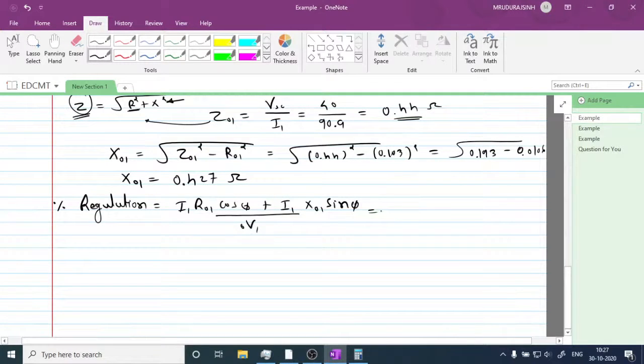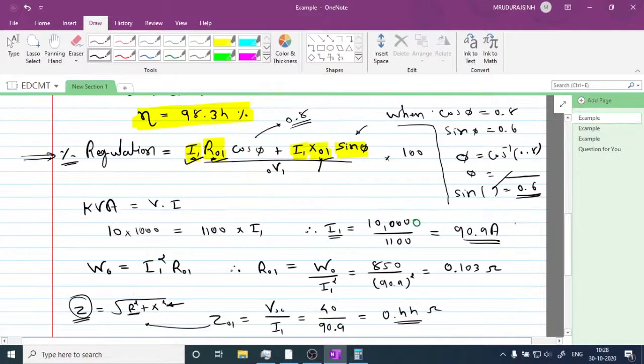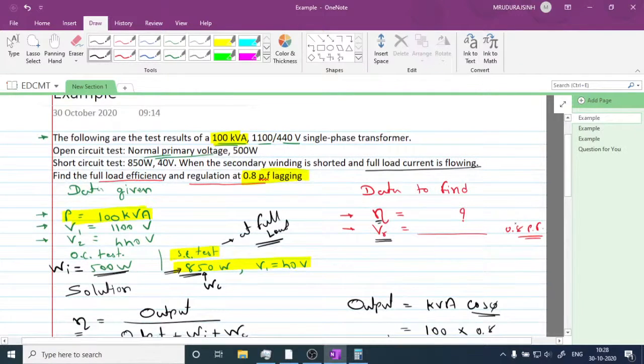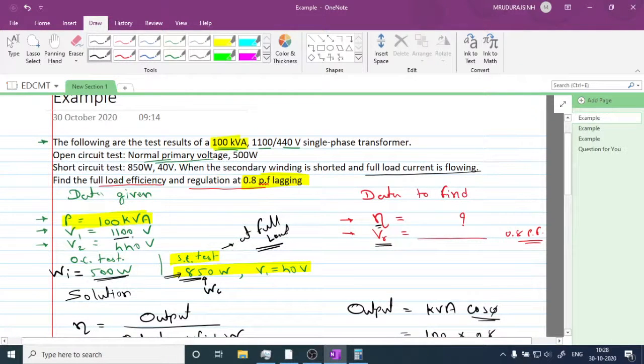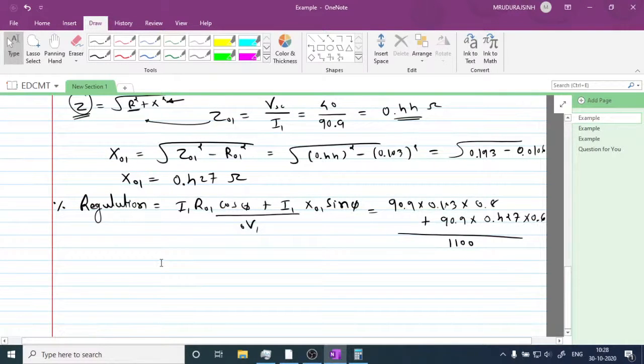I1 is 90.9 multiplied by R01 is 0.103 multiplied by cos phi is 0.8 plus I1 is 90.9 multiplied by X01 is 0.427 multiplied by 0.6 divided by 1100. This 1100 is the primary voltage, this one. So now our task is to calculate this thing.